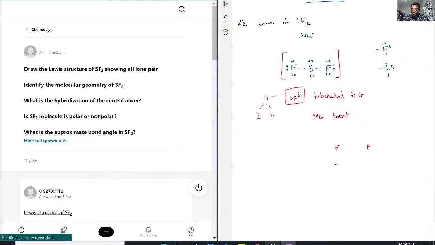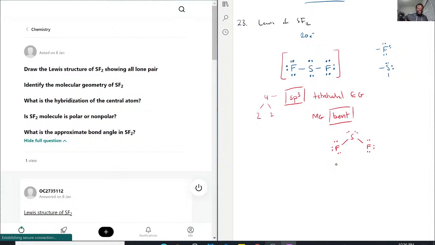Okay, if I could draw better, I'd show you. There we go. Close enough. Something like this. This is the bent structure they're referring to, okay? So now we've answered the molecular geometry part.